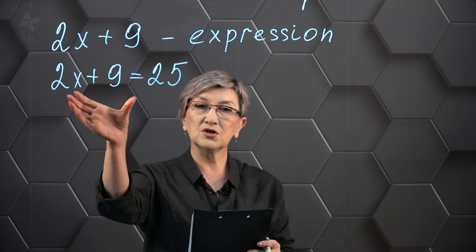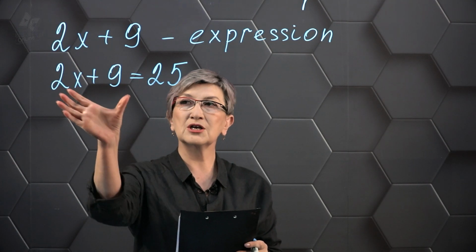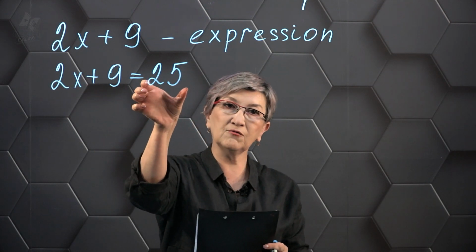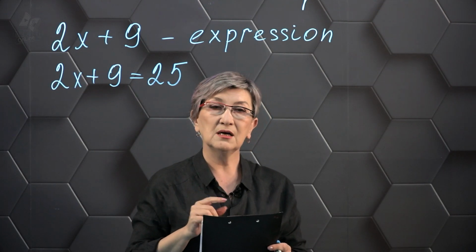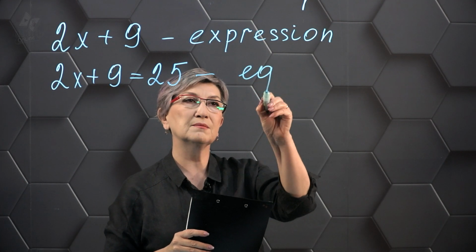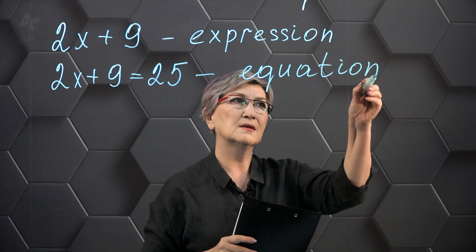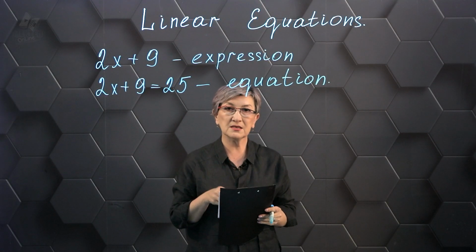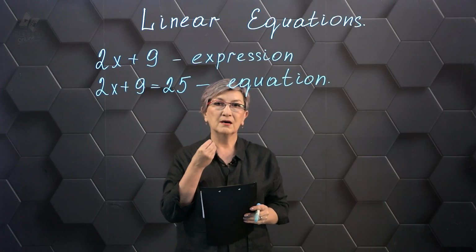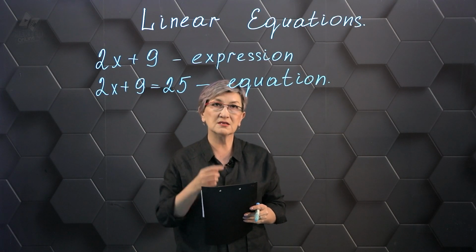I see that this is an equality, and in that expression I have 2x plus 9 equals 25, then in that case it's called an equation. Thus, there is a definition in math. If an equality contains a variable, then that equality is called an equation.